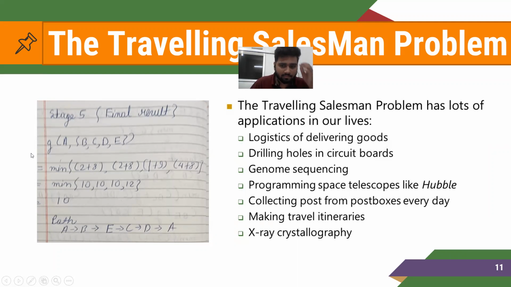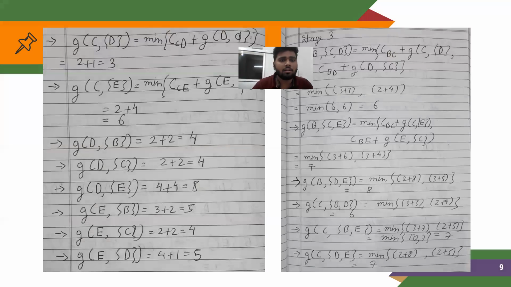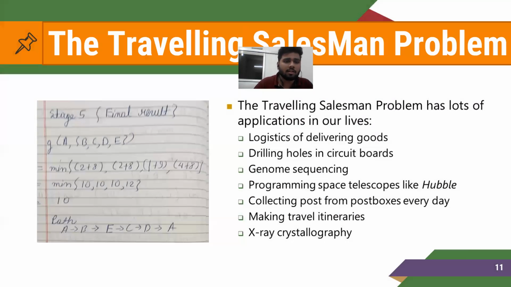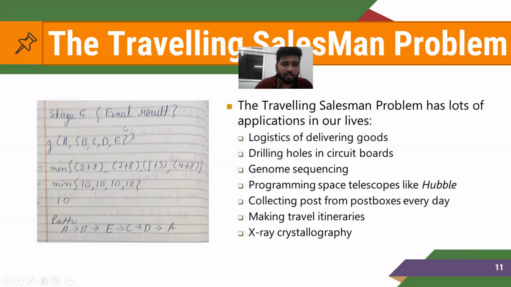For example, wait a second. Yeah. So here first we will be using G of A, like this, but I have solved these things, and after applying the same logic which we have used in the earlier calculations, we get four values.